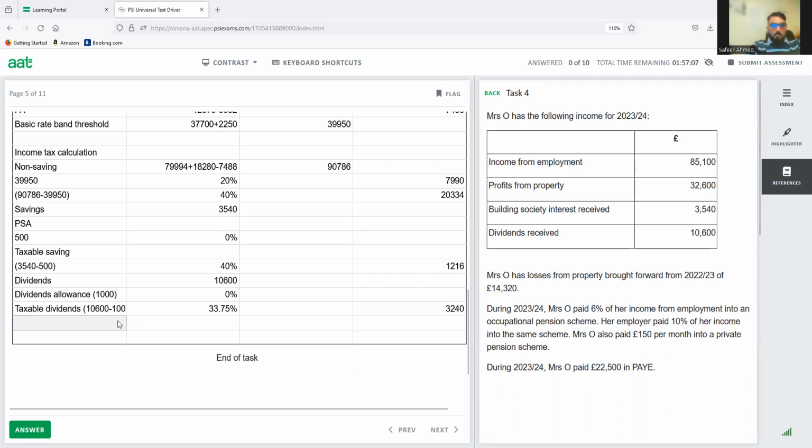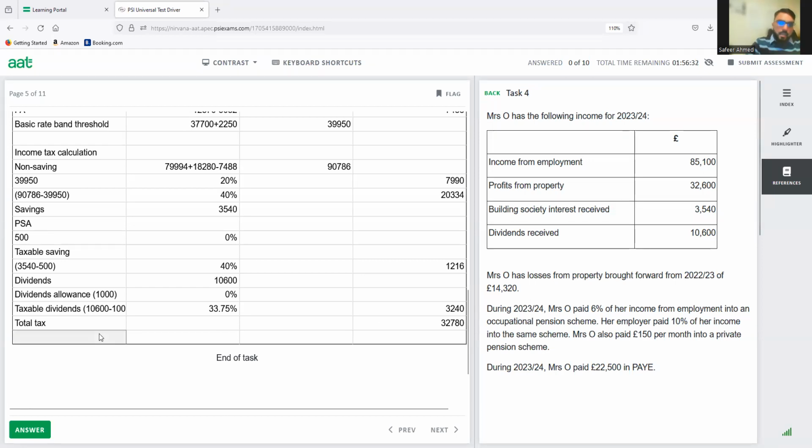Okay, so this will give you the total tax. You add all of those taxes, which is 7,990 plus 2,334 plus 1,216 and plus 3,240, which gives you 14,780.